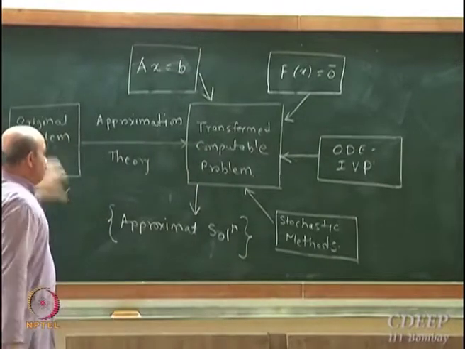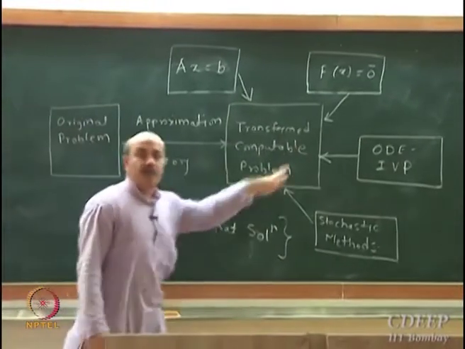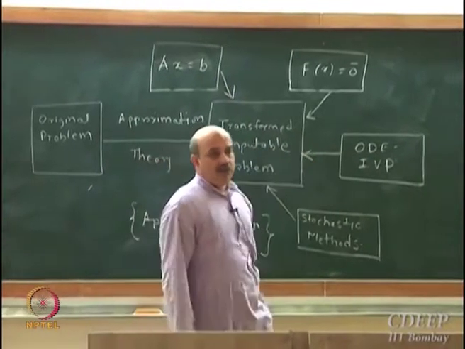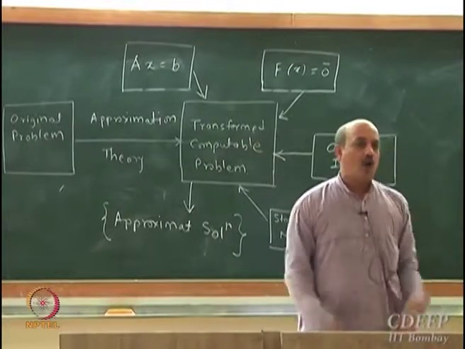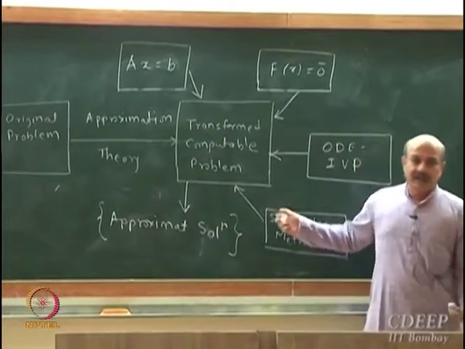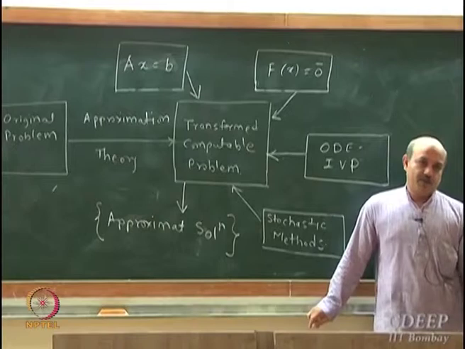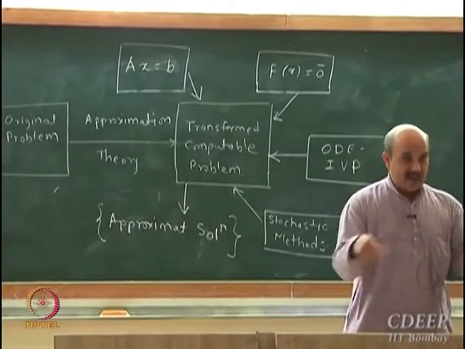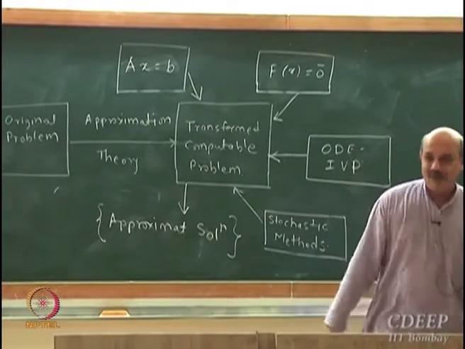So I start with the original problem. I use approximation theory, come up with a transformed problem which is computable. I have only 3-4 tools with me which I use ingeniously to concoct a solution. You should get this feel at the end of the course that actually it's like a bhel puri shop, you know. You only have a few things with you, okay, and with the same things you can make sev puri, you can make dahi batata puri, you can make, you know, bhel puri.